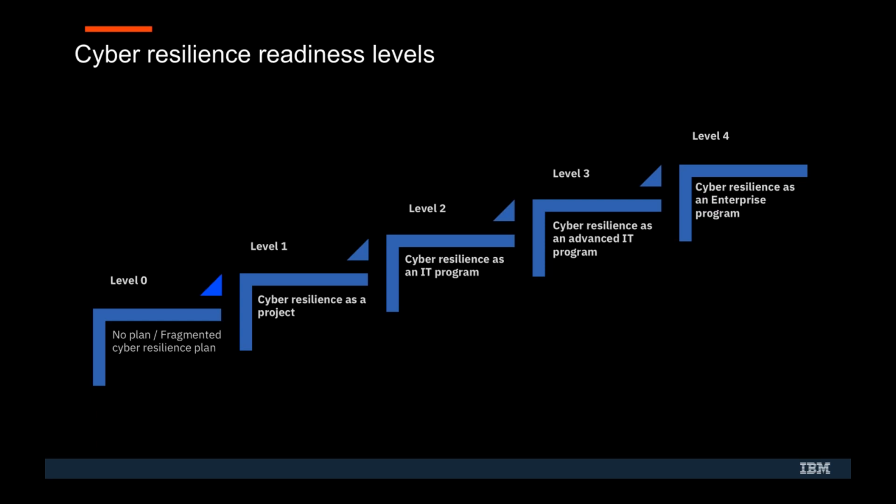Level 3 is cyber resilience as an advanced IT program where automation and orchestration and AI insights are beginning to be a part of it. And level 4 is a full enterprise program where we have orchestration across the board, including all of our systems and the third-party suppliers that we have as well.